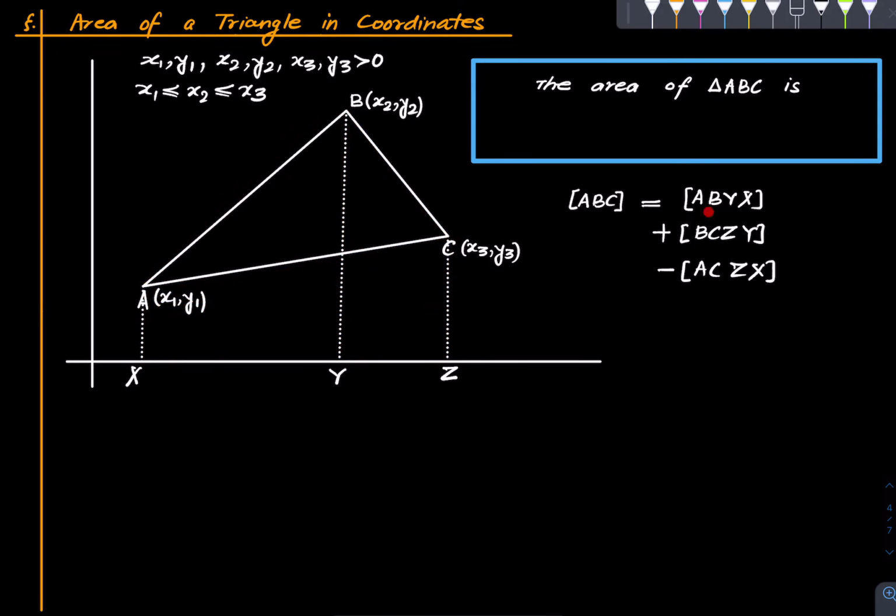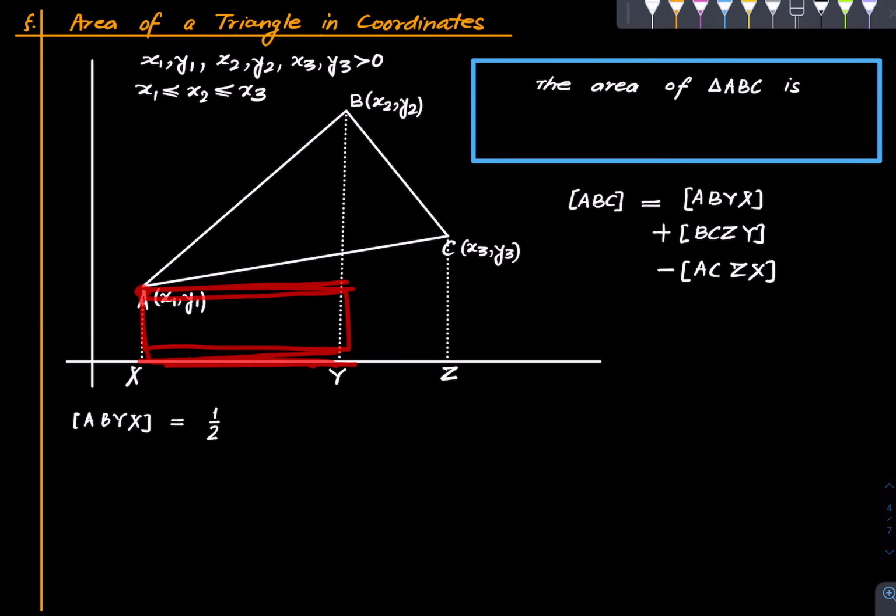That's clear, and each of these are trapeziums because these three lines are parallel, all of them being perpendicular to the x-axis. So each of these are trapeziums. What is the first term? The area of this quadrilateral ABYX is half of, so this is the height because these two are parallel. If you correspond with the previous slide, this becomes the height. So the height is x2 minus x1, because basically it's the difference of the abscissas.